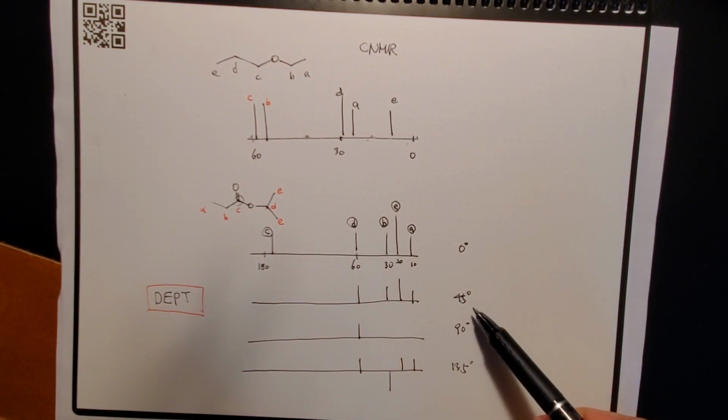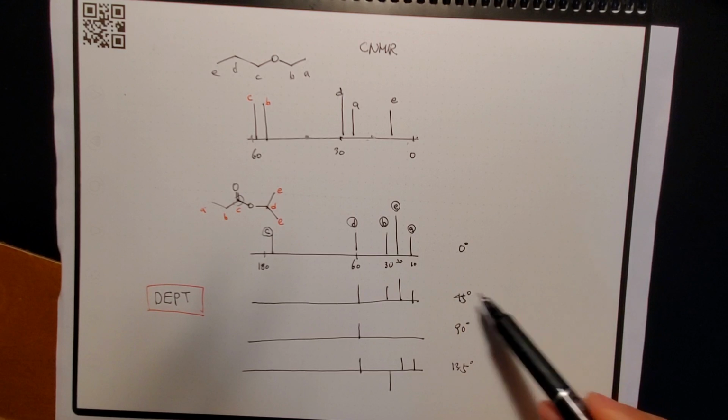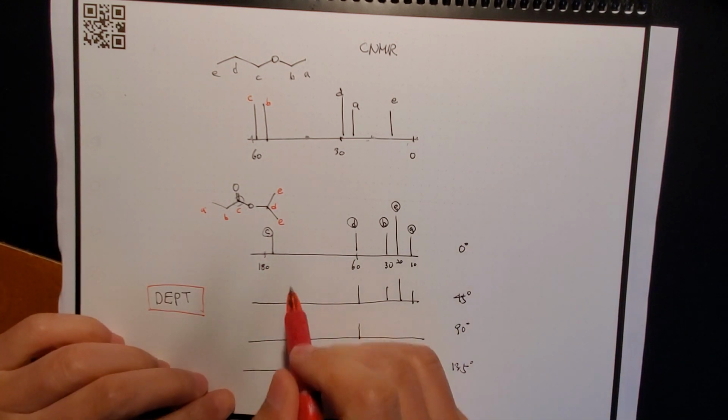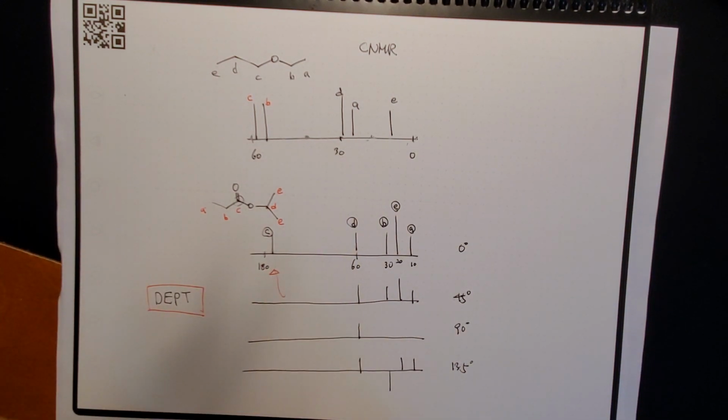As you can see, in those experiments with some degree of pulse, you don't see the quaternary carbon, the carbonyl carbon, the one without hydrogen, okay? But at 45, you see everything. That's how you figure out, oh, this thing is quaternary.